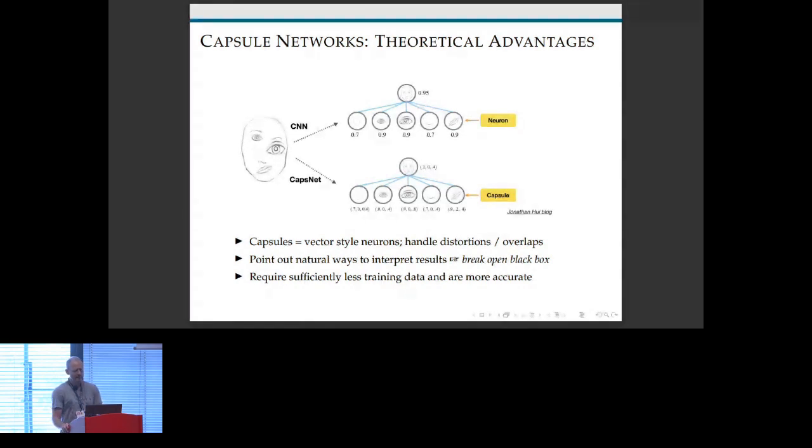So the CapsNet concludes this is not a face. They also offer natural ways to interpret results. This breaks open a little bit the black box character of many neural networks, and they require significantly less training data. So this was good motivation to use them in a biological setting.